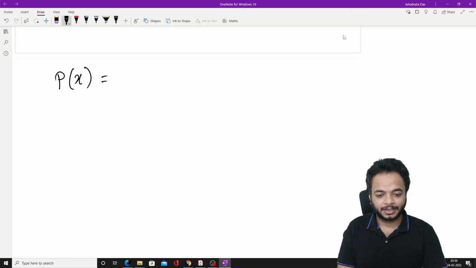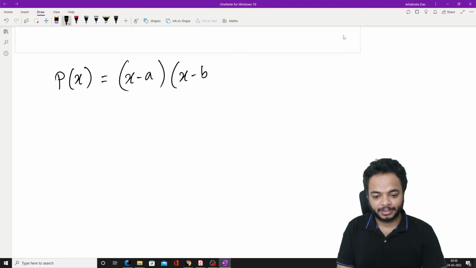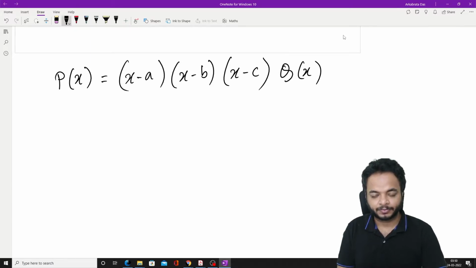Let them be a, b, c. So P(x) is x minus a times x minus b times x minus c times some Q(x). I don't know the degree of the polynomial, so whatever remains is Q(x).